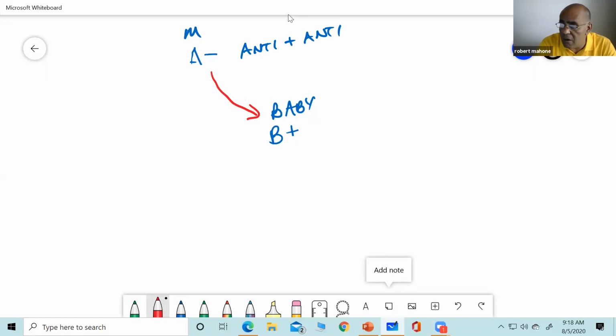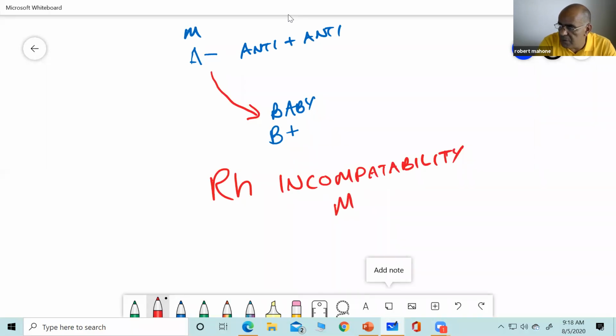It's what they call RH incompatibility between the mother and the fetus. RH incompatibility. Mother's negative, baby's positive. That's the only time it's going to happen.